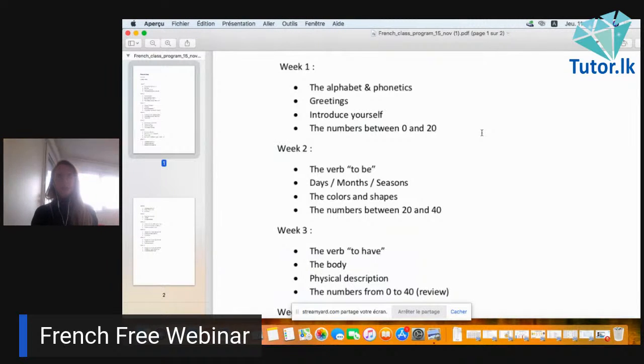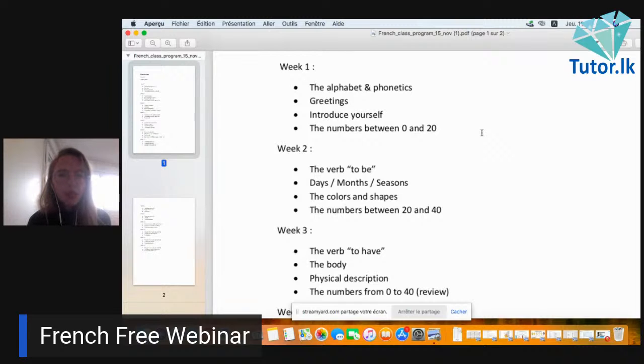So the idea the first week is to learn the alphabet and the phonetics, just to be familiar with the French sounds, because as you know, every language has its own accents. So then the greetings, how to introduce yourself, and then the numbers from 0 to 20.